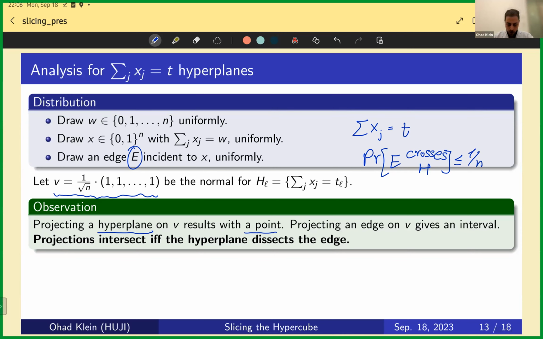If, however, we project an edge onto the same vector V, we get an interval. When does this edge intersect the hyperplane? We have this intersection only if the point that corresponds to the hyperplane belongs to the interval that corresponds to the edge.